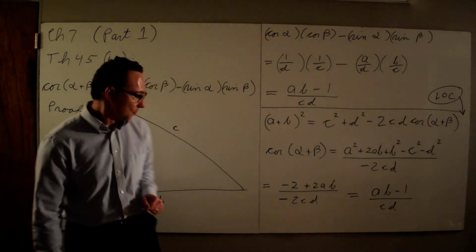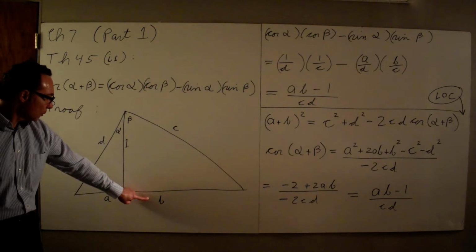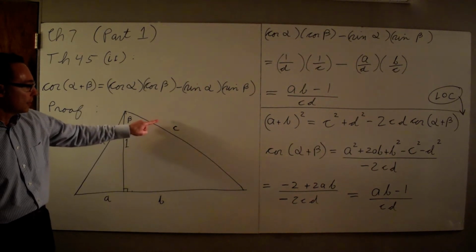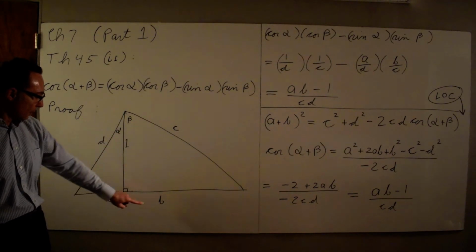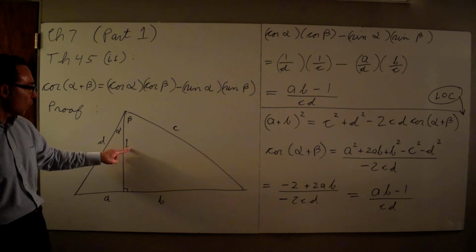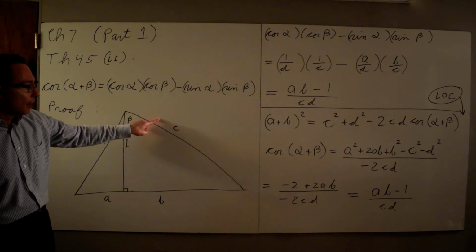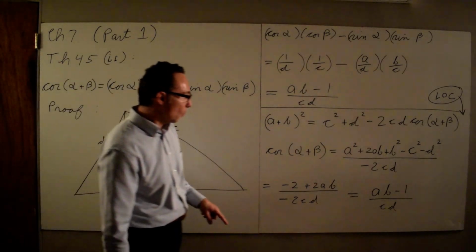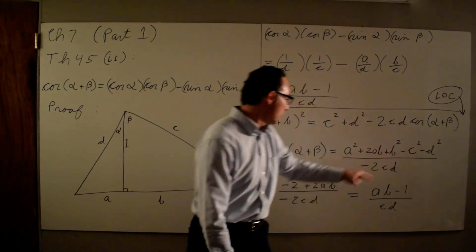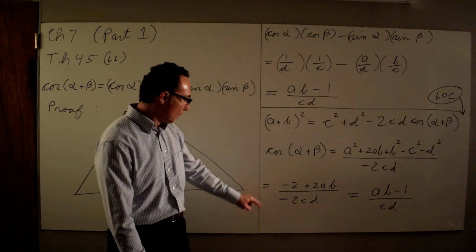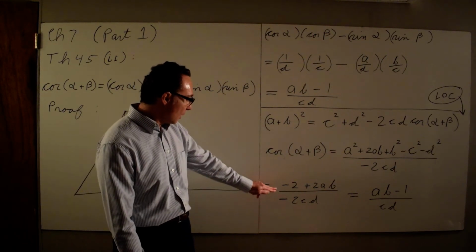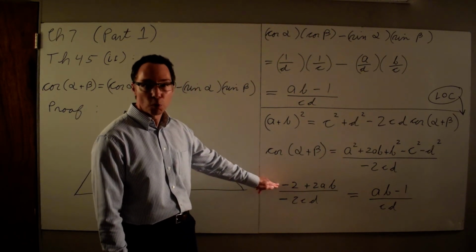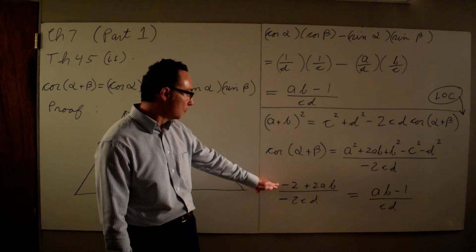Likewise, b squared plus 1 is equal to c squared. That means that b squared minus c squared right here is also negative 1. So to save space, I have negative 1 plus negative 1, that's negative 2.